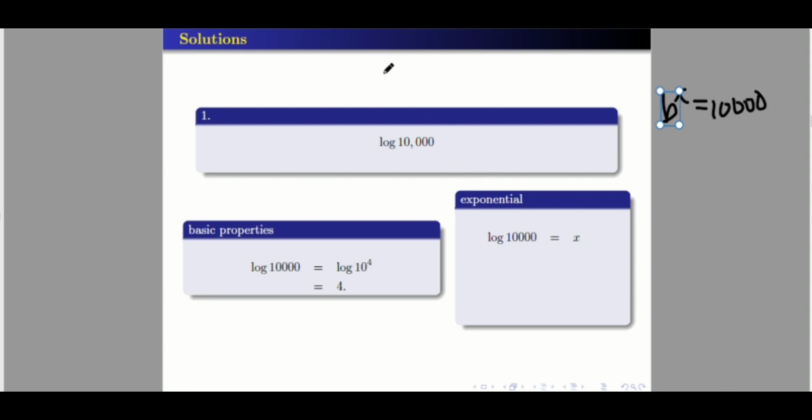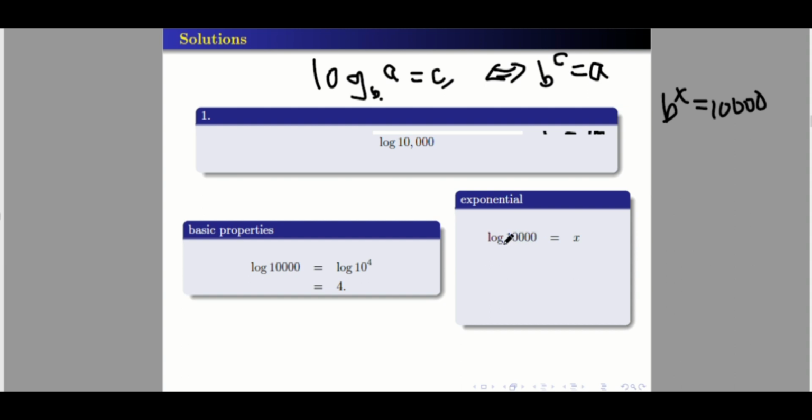Recall that if we have log of a base b is equal to c, then we can always rewrite this one in exponential form. We'll start with the base raised to c equals a.